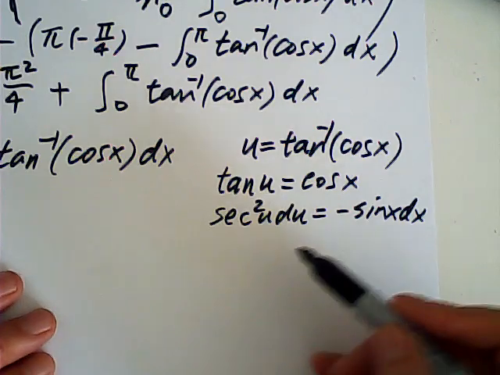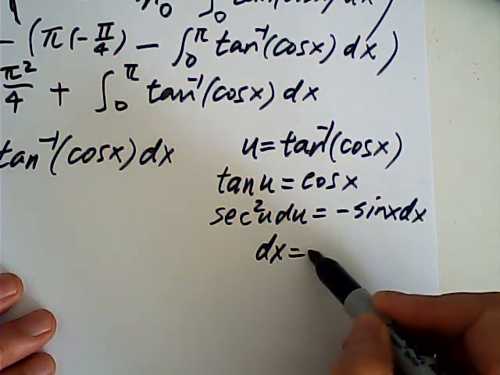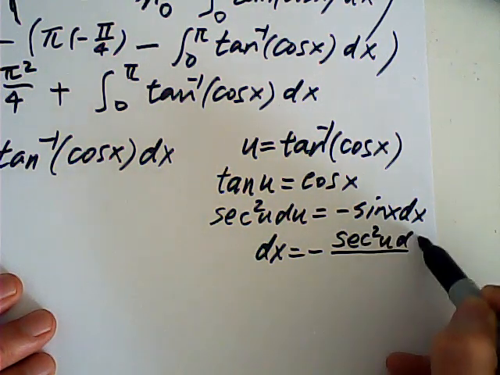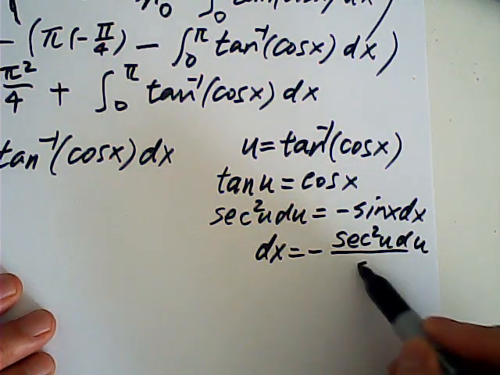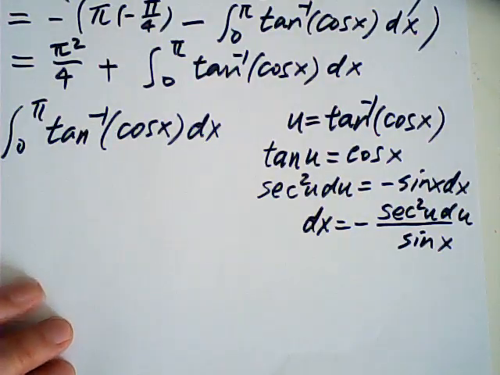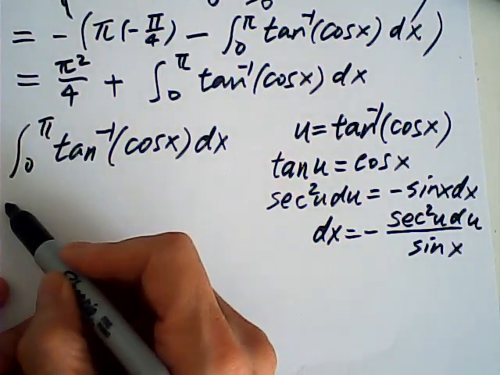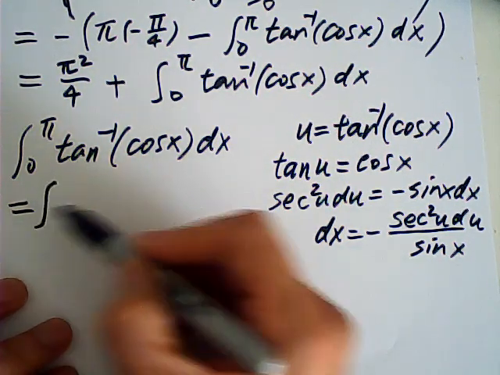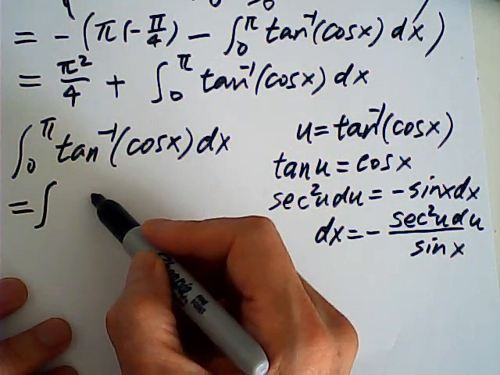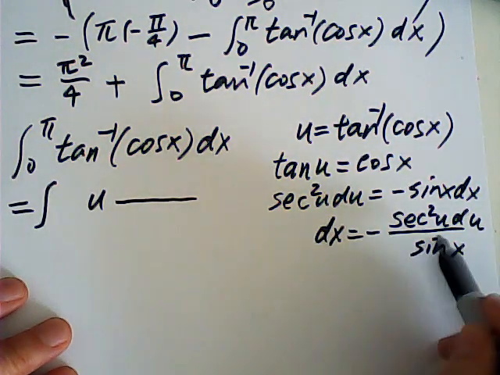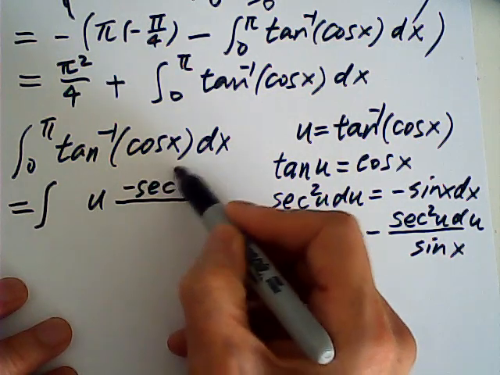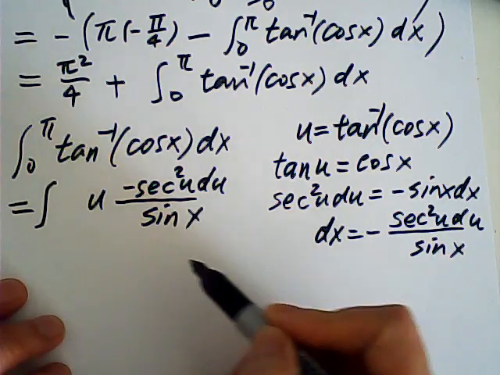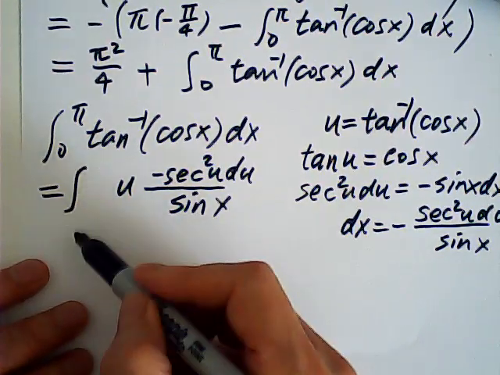So my dx is equal to negative secant square u du over sine x. Okay, so my integral becomes integral u negative secant square u du over sine x, and then we have to change the boundary, right?